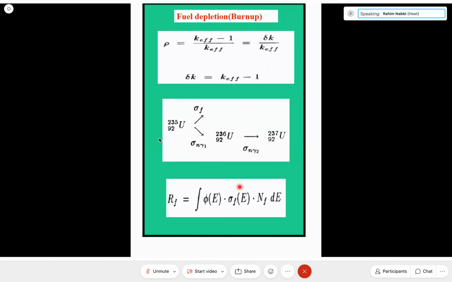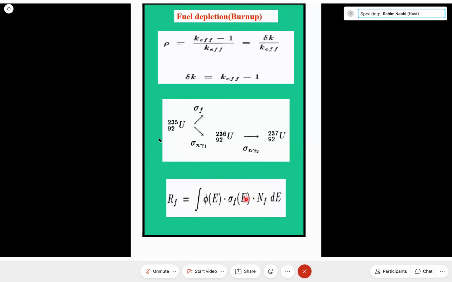The other aspect is reaction rate. Reaction rate means the fission rate. That means for uranium-235, and you see here, if you neglect the integral sign, you see phi, neutron flux, multiplied by the fission cross-section, multiplied by the concentration, number density, N. Then this product of three terms would be the fission rate.